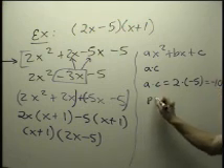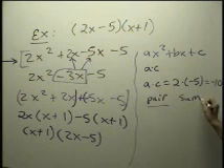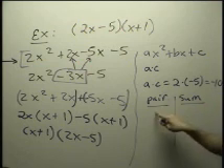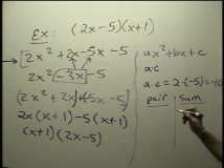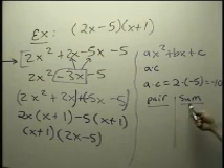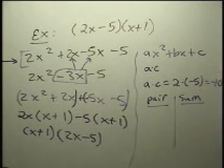So, similar to before, we can look for pairs whose product is negative 10. We want the sum to be the middle coefficient, negative 3 in this case.